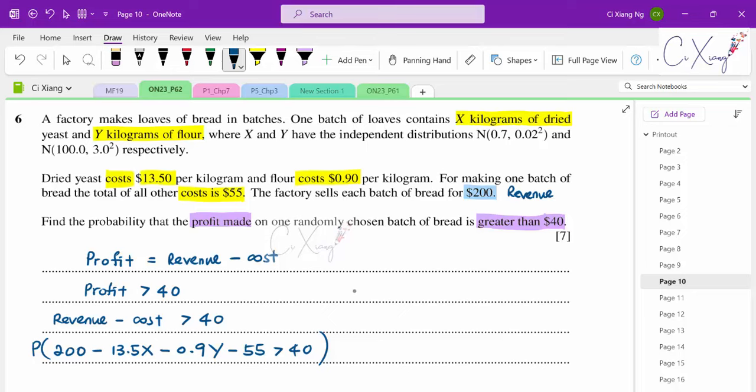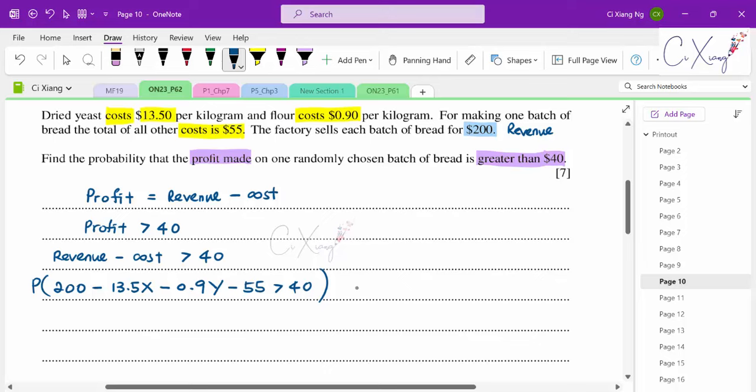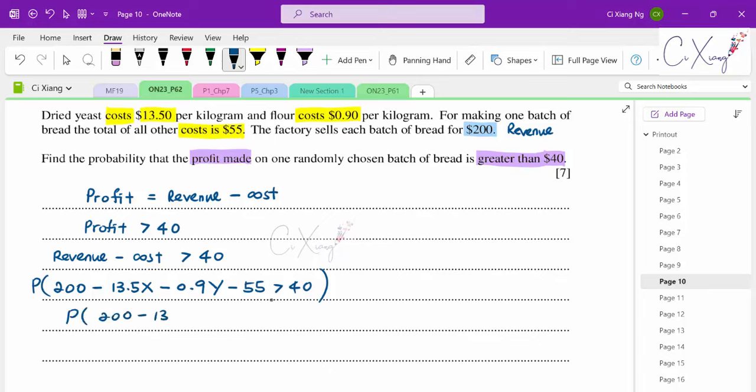Okay, so for this question, there are many calculation methods that are accepted to get the correct answer. All right, so some students prefer to group everything together. That means they put 200 minus 13.5x minus 0.9y minus 55 minus 40, then greater than 0. They move everything to one side, then they simplify the equation on the left.